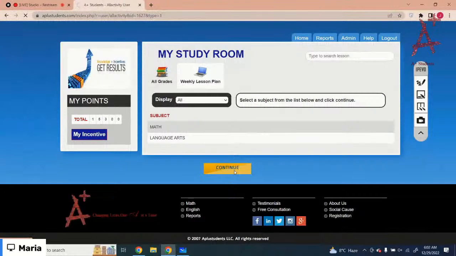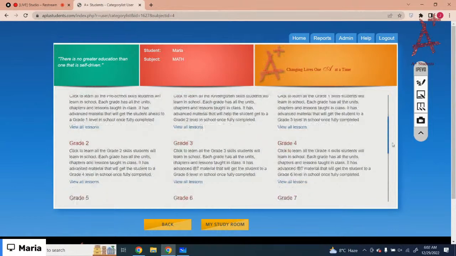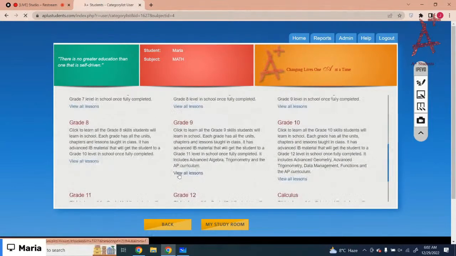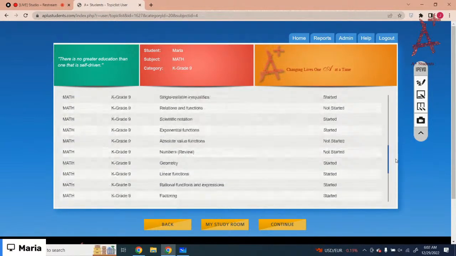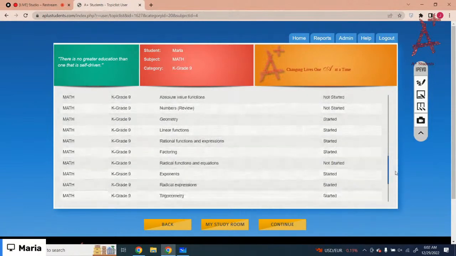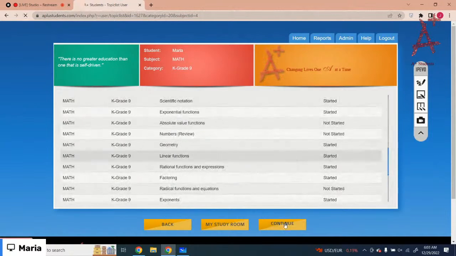Okay, so let me just go down to grade 9 maths. Scroll down to grade 9. Click on your lessons and find the chapter that is linear functions. Okay, here is linear functions.